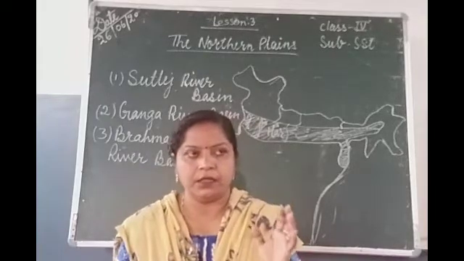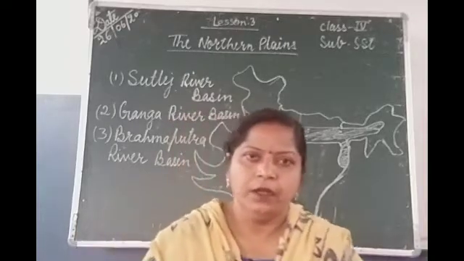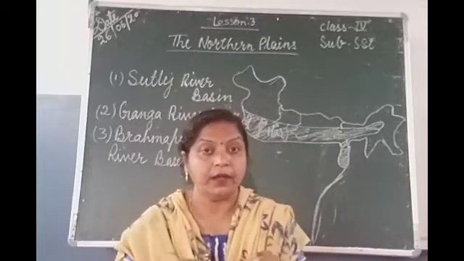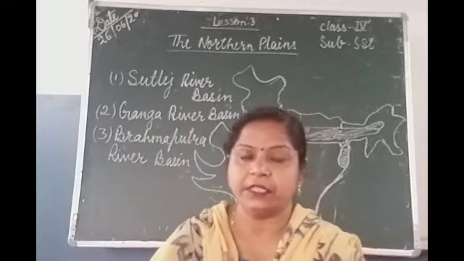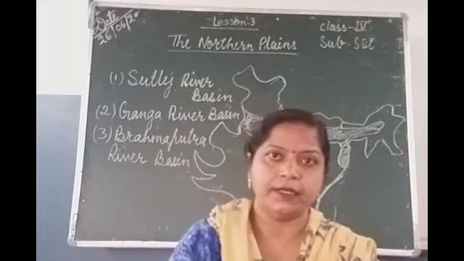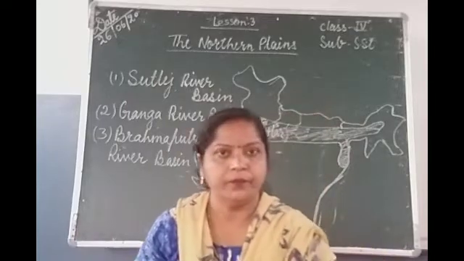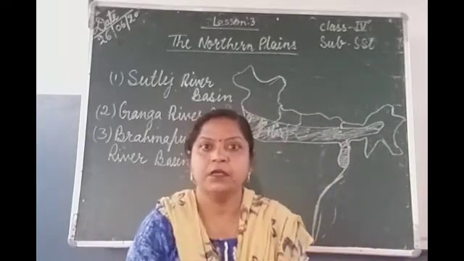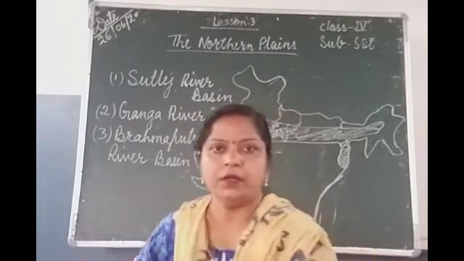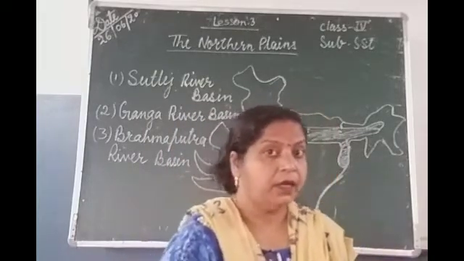This Ganga comes to West Bengal, and when it enters West Bengal, it flows very slowly, and here it splits into many branches, that are called distributaries. When it enters West Bengal, it is known as Hooghly, where the famous metropolitan city Kolkata is situated. And when this river enters Bangladesh, its name is Padma. That is the Ganga river basin.